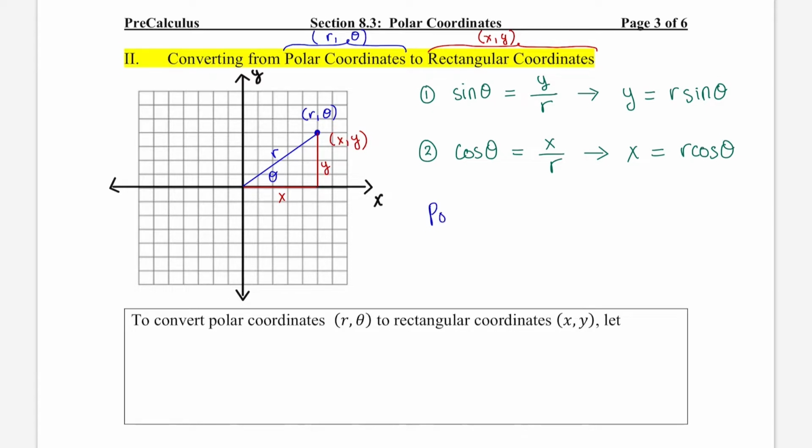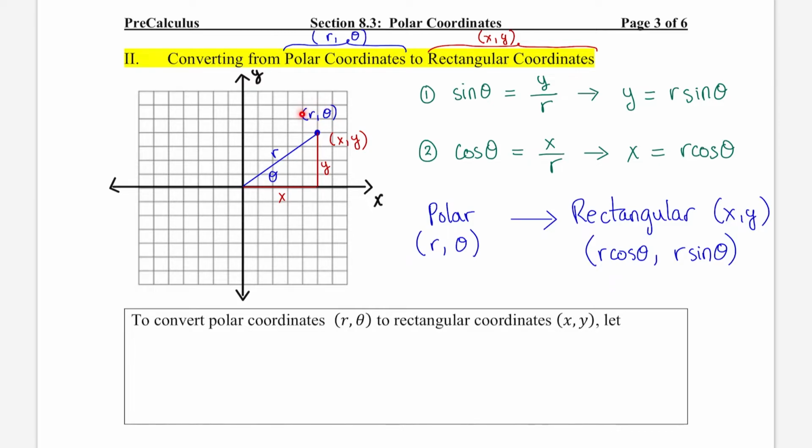So from polar, where I have r comma theta, and I want to convert that into rectangular, which has x and y, x is r cosine theta and y is r sine theta.